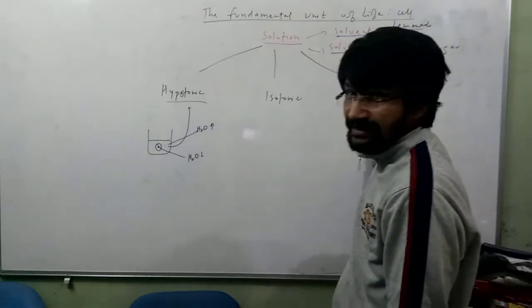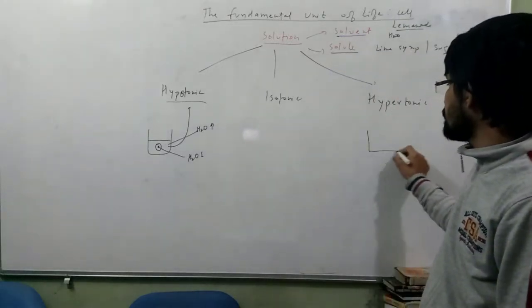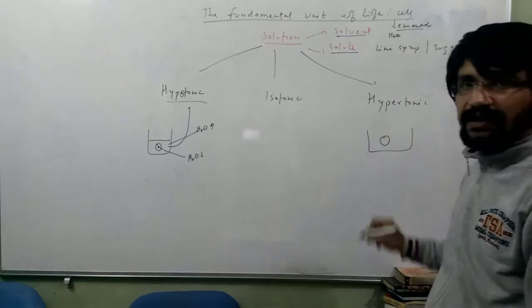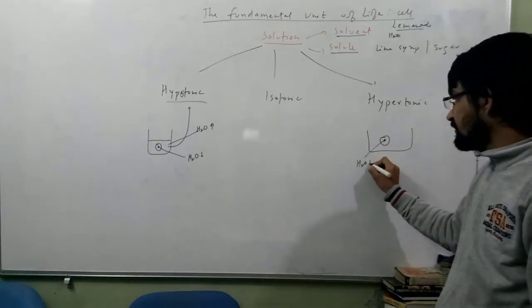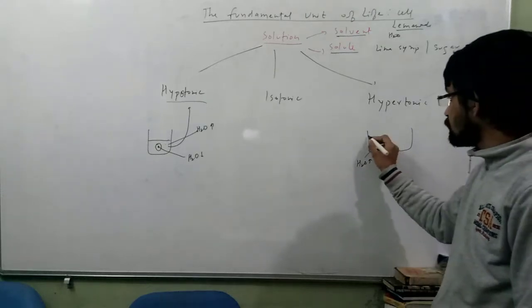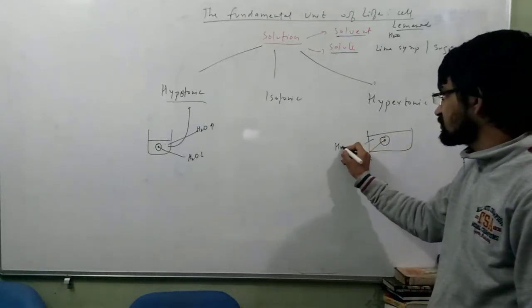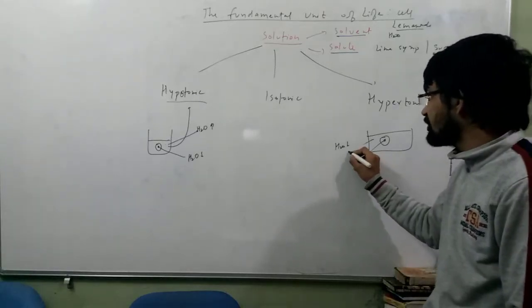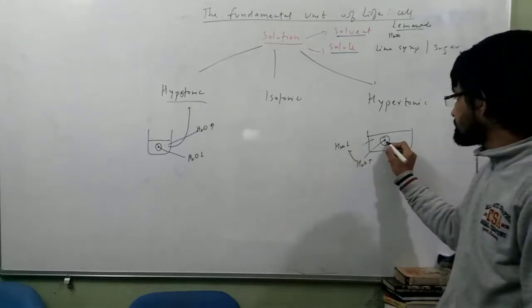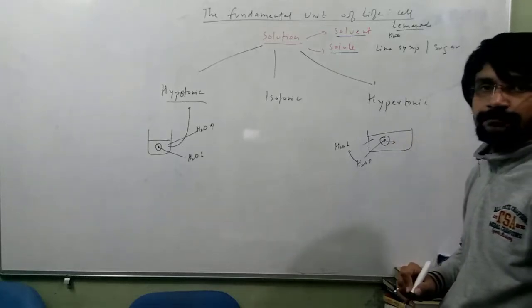Now in the opposite case, we have a beaker, and if you place a cell in it, the water concentration in the cell will be higher, and in the solution suppose the water concentration is less. So there will be movement from here to here, that is, from the cell to outside the cell.